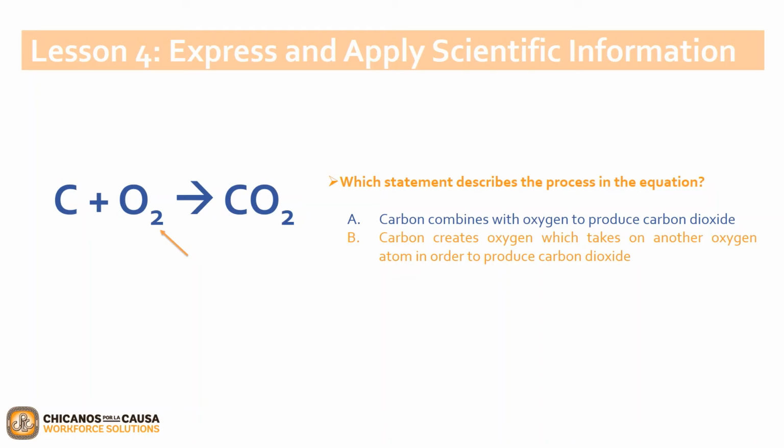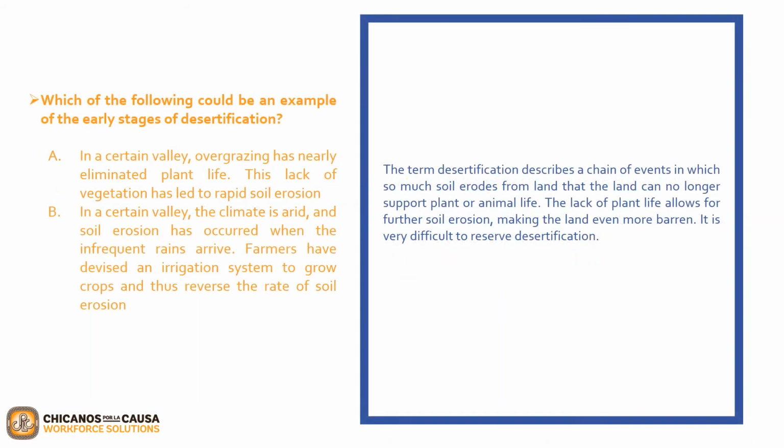Other types of science questions may ask you to understand a science concept and relate it to a specific situation. Let's take a look at an example of just that. All right, let's take a look at our provided passage.